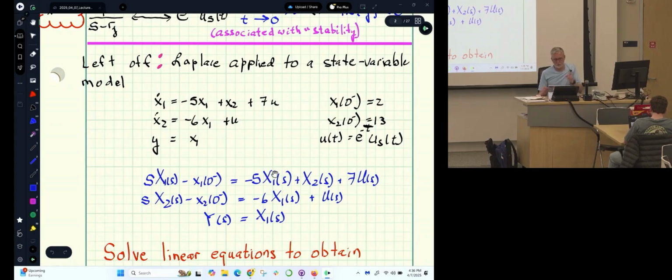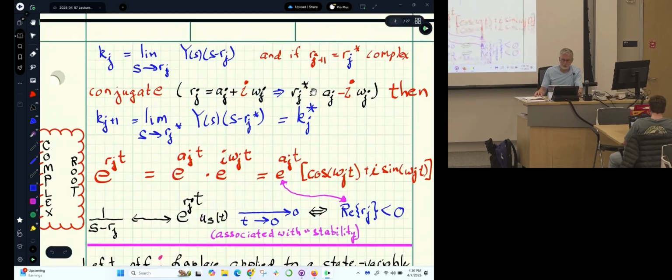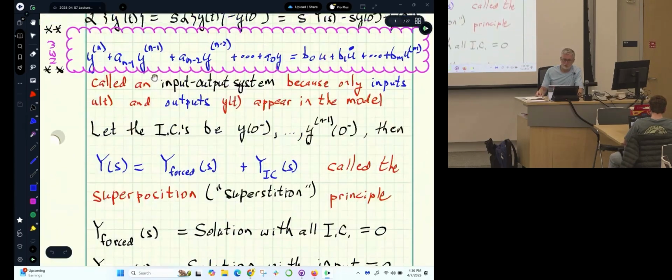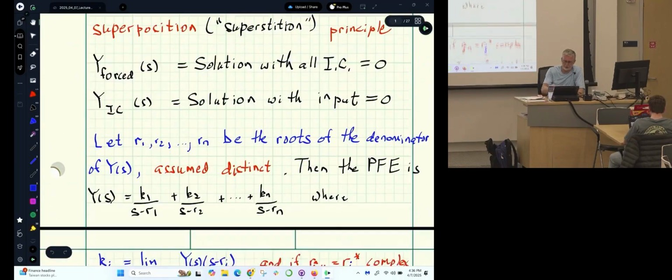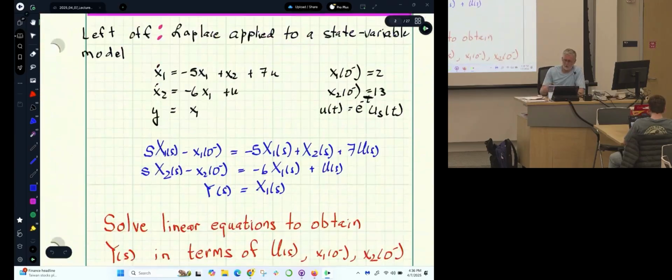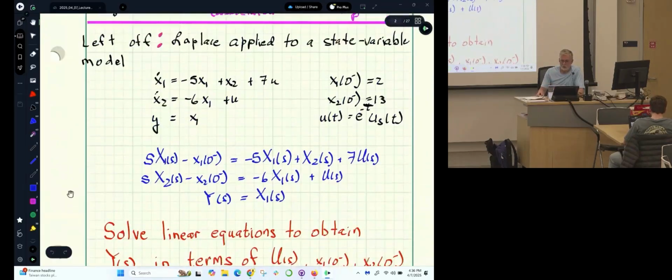One, the solvers like that form. So we would take this input-output differential equation and we would define, say, x1 is y, x2 is y dot, etc., and then rewrite it as a state variable model.